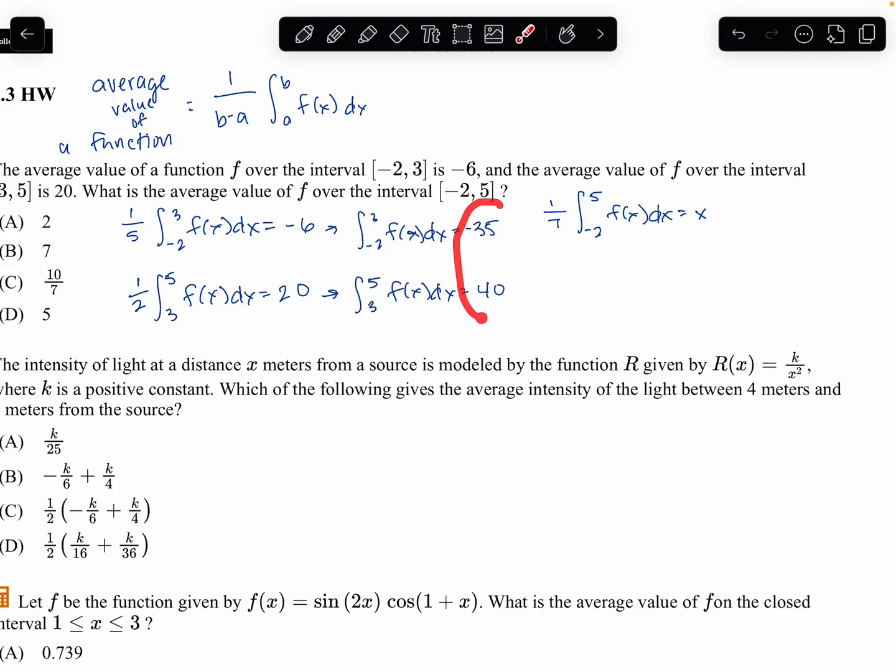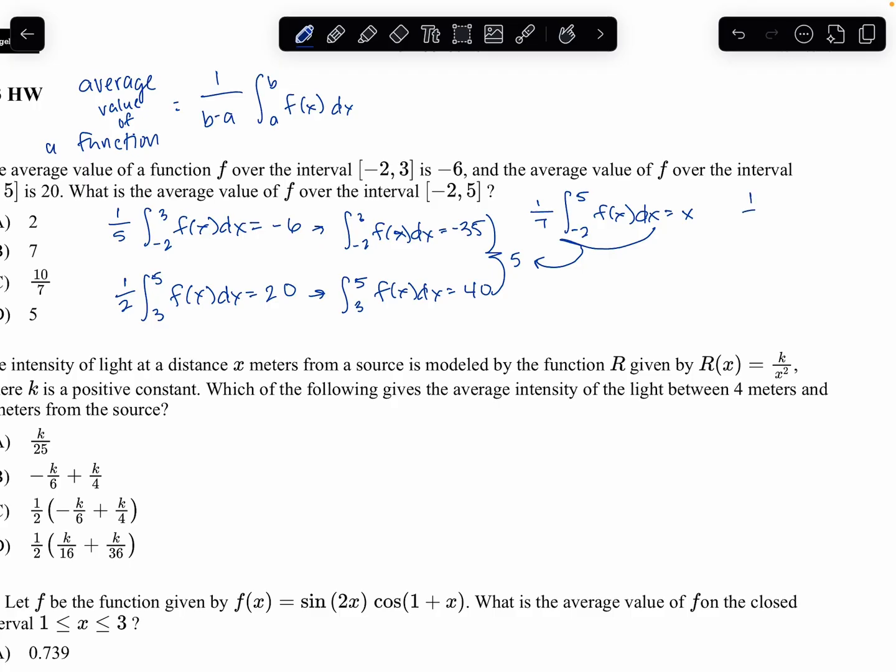So the sum of these two right here will be the value of this right here. So the sum is 5, meaning that this part is 5. So basically what we have is 1/7 times 5 is equal to x.